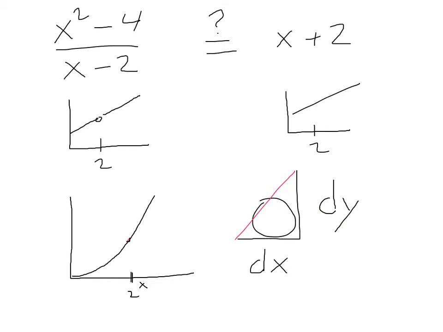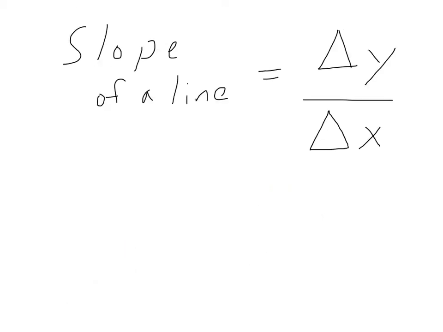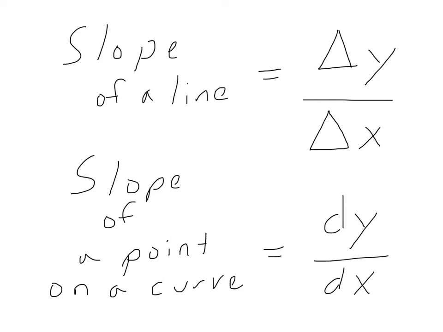And so now, using Leibniz notation, when we want to find the slope, normally we would use the slope of a line, delta y over delta x, but if we want to find the slope of a single point, that is, remember the slope is not very tall and it's not very wide, we would write the slope of a point on a curve as dy over dx, and that's a pun, because points are small, and so to find the slope of a single point, because it's so small, we use small delta.